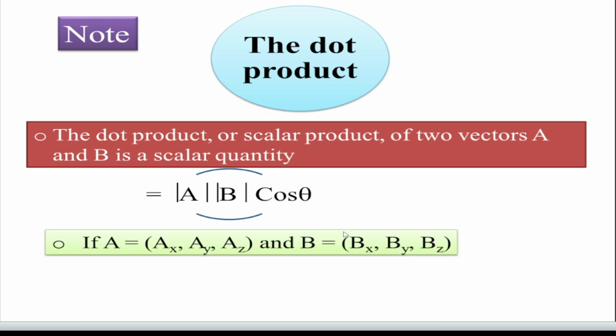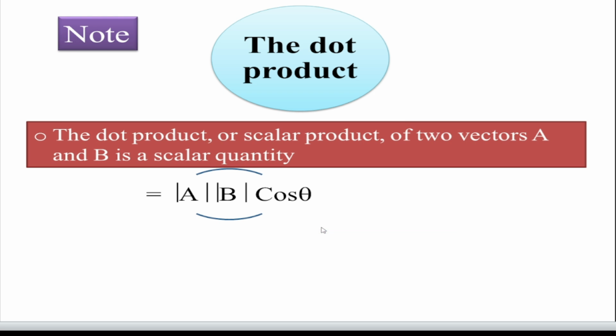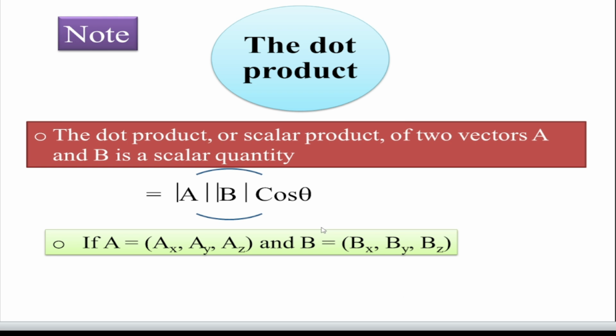The next very important thing is, if vector A and vector B are given to us, how can we find the dot product of them? Correct.